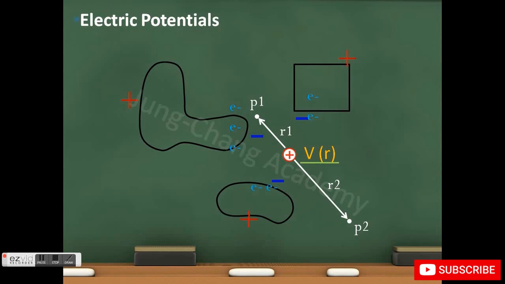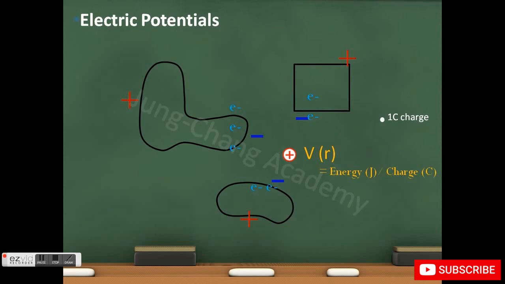What's important is for you to truly understand what electric potential means. The electric potential has a unit of energy per unit charge. This means if you put a 1 Coulomb charge in the vicinity, this electric potential function tells you how much potential energy this 1 Coulomb charge has.